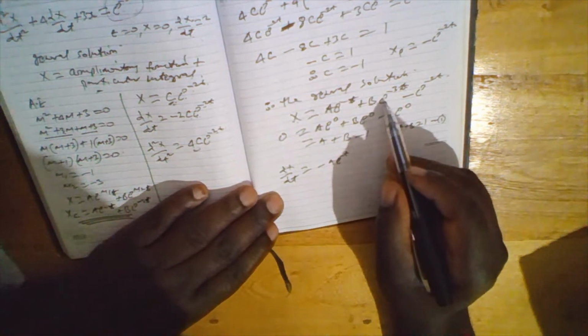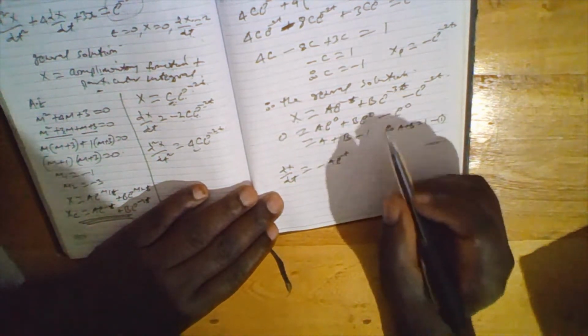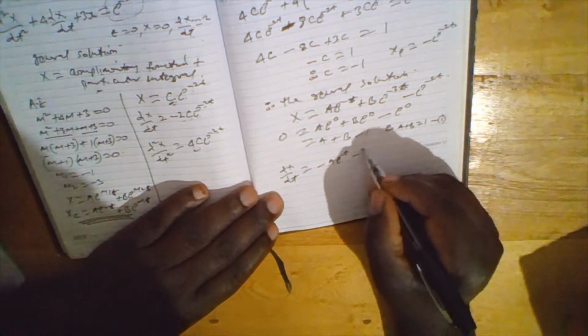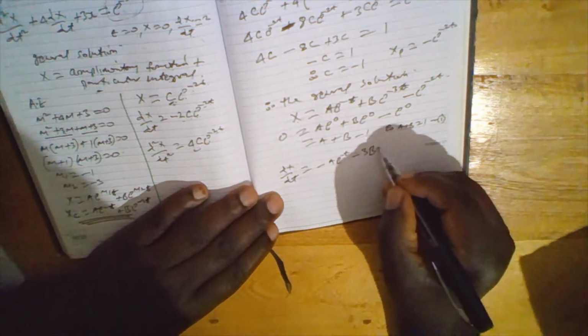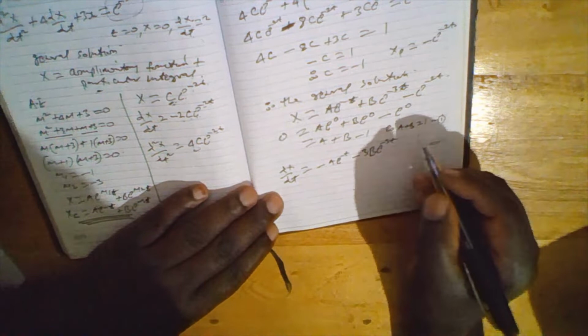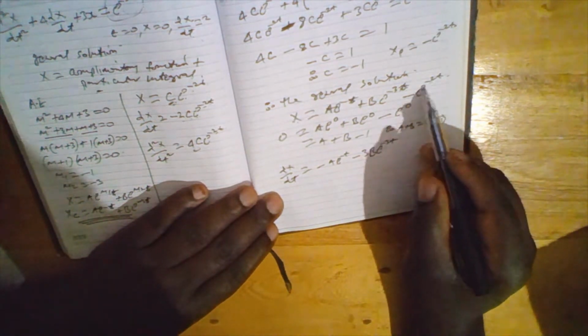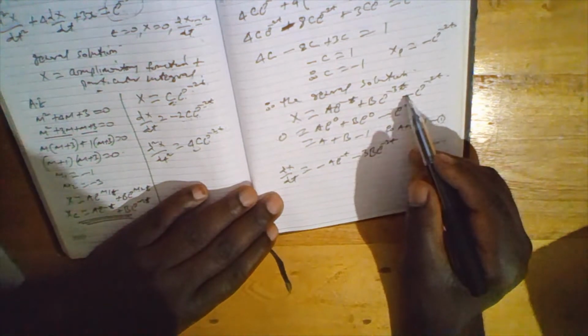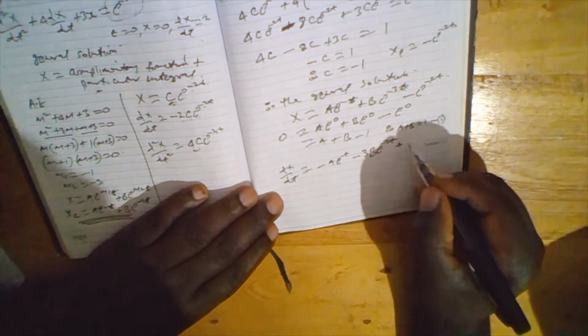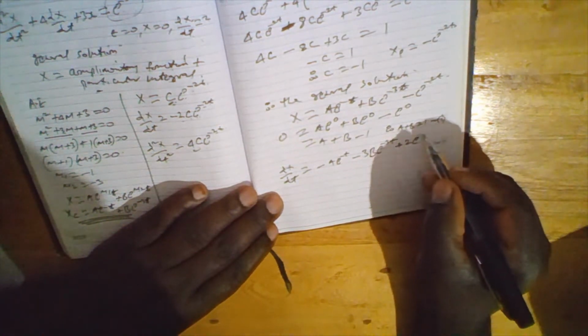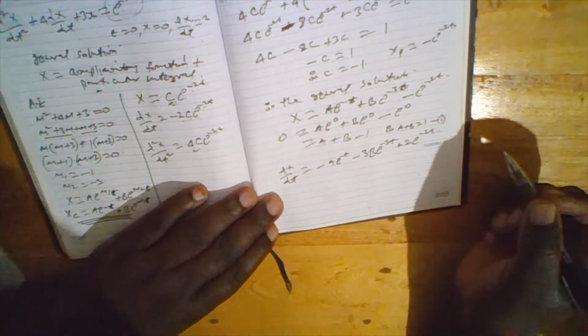When you differentiate exponent minus 3t, we have minus 3b exponent minus 3t. Then when you differentiate minus exponent minus 2t, the negative and this one becomes a positive, plus 2 exponent minus 2t.